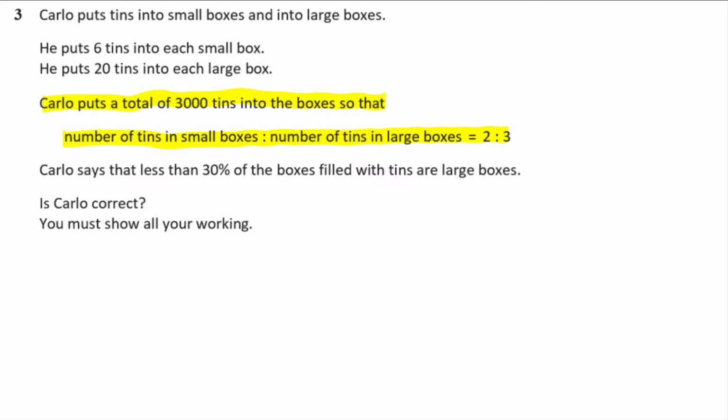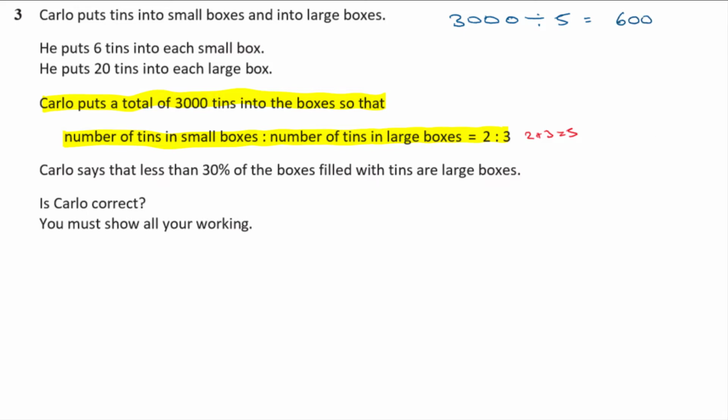Okay, so if I've got 3,000 tins and I want to divide it in the ratio of 2 to 3, first off, 2 plus 3 equals 5, isn't it? So that means I've got 5 parts to share this 3,000 into. If I take 3,000 and divide it by 5, then it tells me what each share is worth. So 3,000 divided by 5, that's 600.